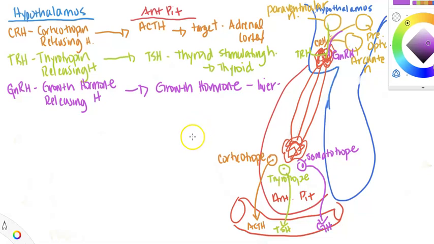Okay. All right. So the next one, let's see, this one. Yes. Okay. So the next one from the preoptic is PIH. And it targets a lactotrope.